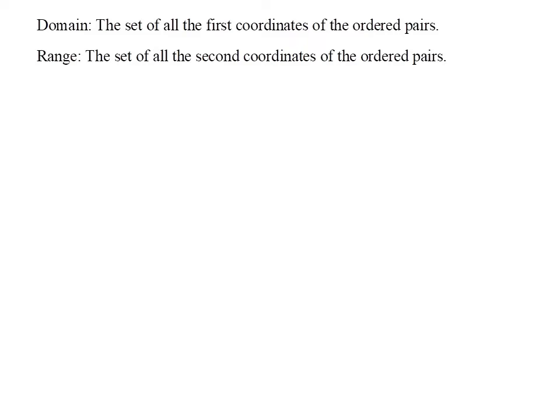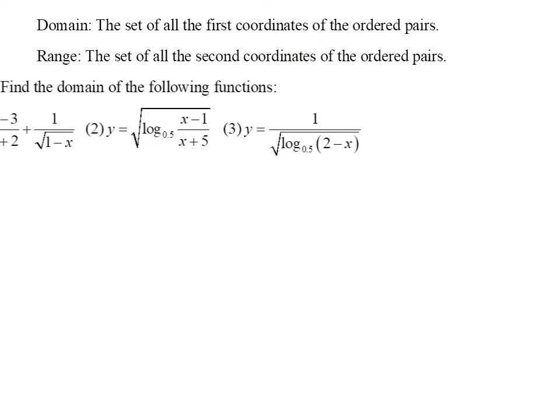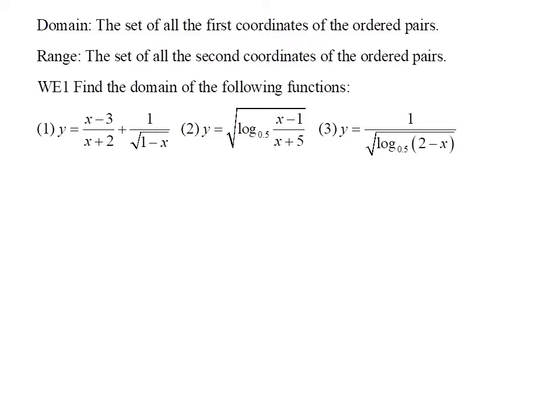Now let's look at the first worked example, which asks us to find the domain of three different functions. The first one is a function of (x minus 3) over (x plus 2), plus 1 over the square root of (1 minus x).